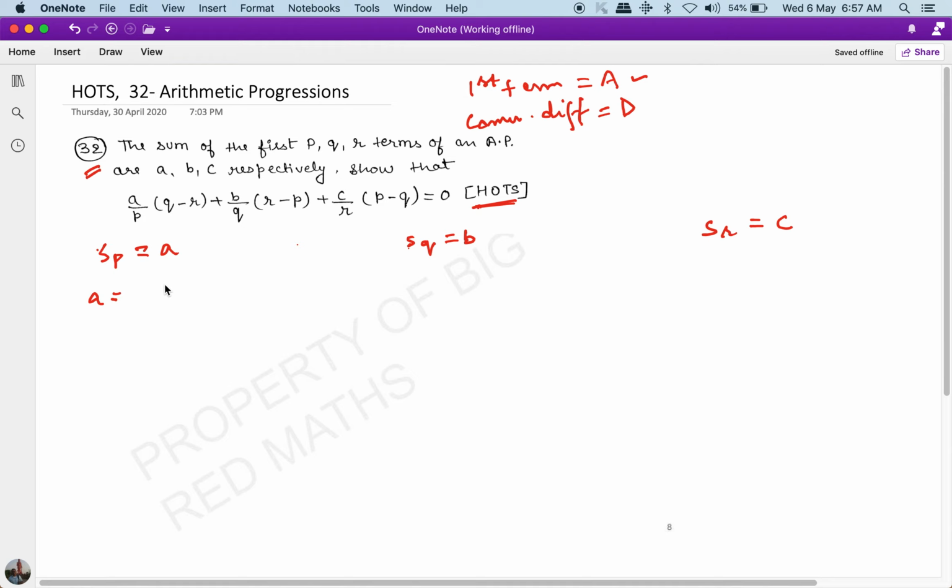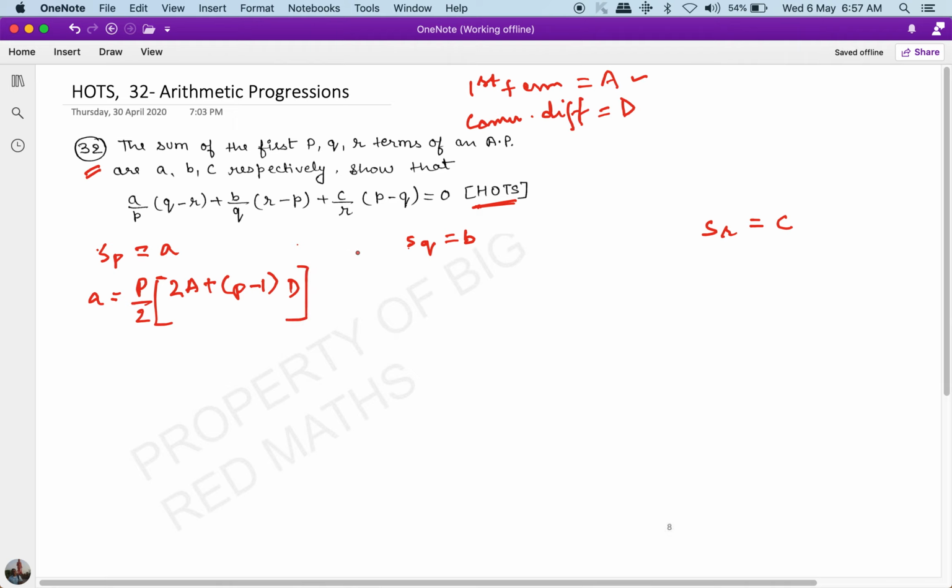So what will A become? A will be P by 2 multiplied by 2A plus P minus 1 into capital D.